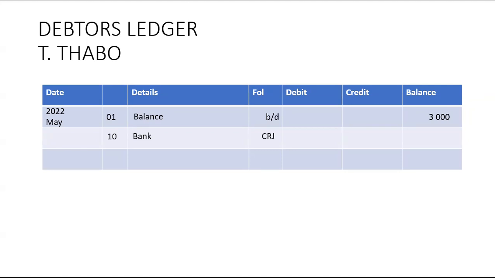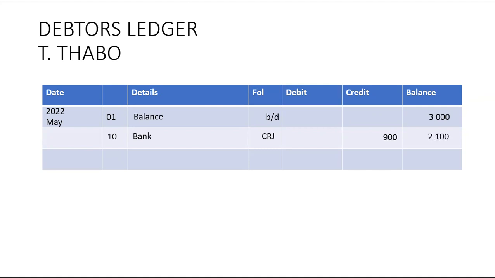I put this as one of the questions in my April exams, and yeah. Somehow students forgot how to do this, and this is very, very important. You cannot forget how to do your debtors ledger. I will reduce that 3,000 on the credit side by 900.